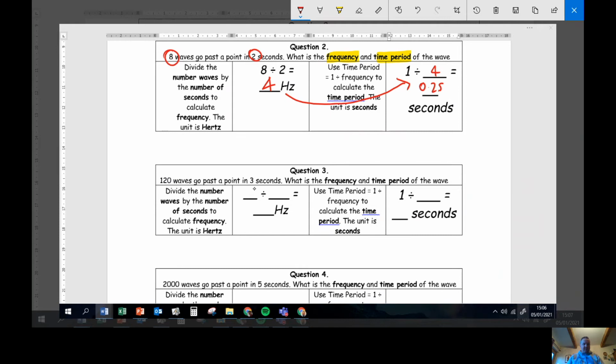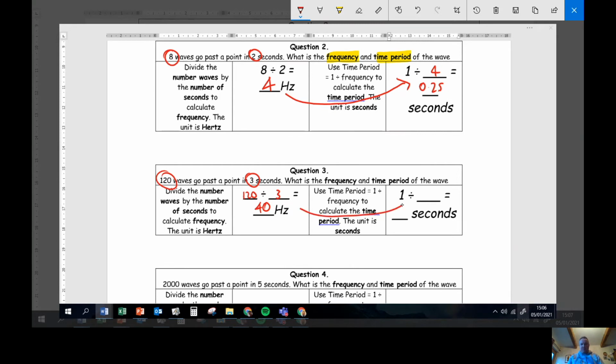120 waves go past in 3 seconds. What is the frequency and time period? Okay, frequency, the number of waves divided by the number of seconds. 120 divided by 3 gives me 40 hertz when I put that in my calculator. For the next box, it's going to be 1 divided by the frequency.